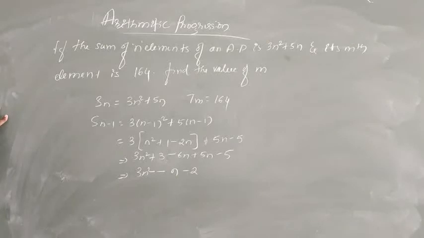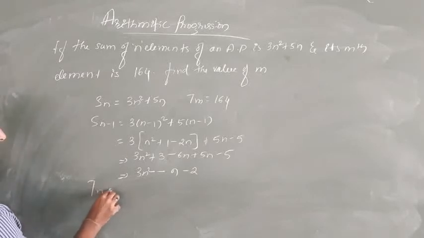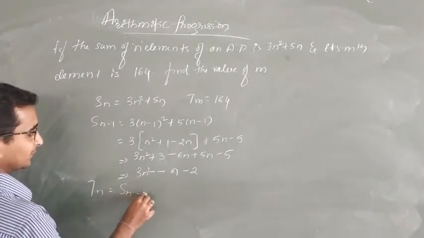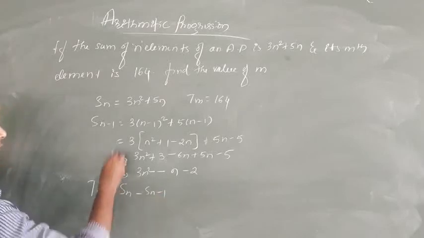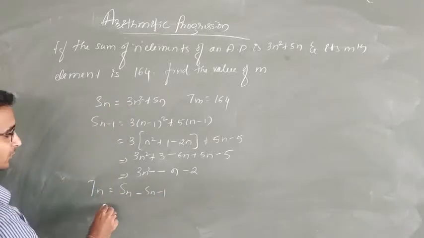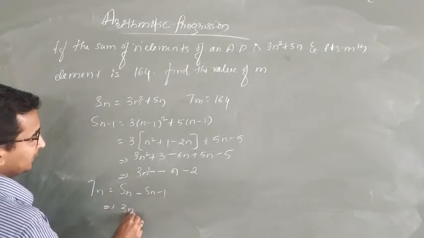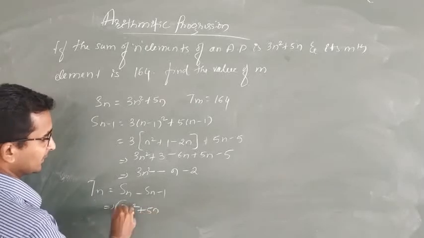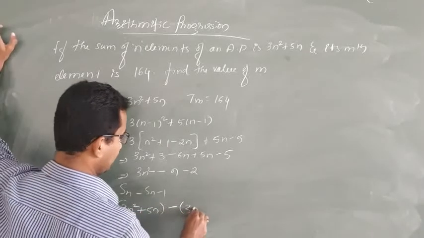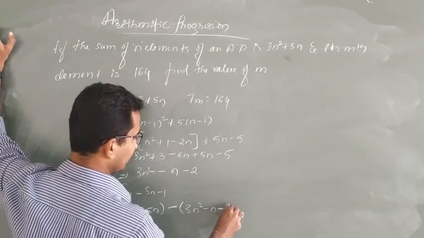Okay. And next we have to find its nth element, that is Tn. Its nth element is nothing but Sn minus Sn minus 1. Sn is 3n square plus 5n minus of 3n square minus n minus 2.